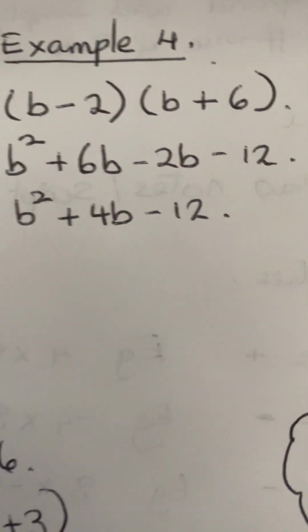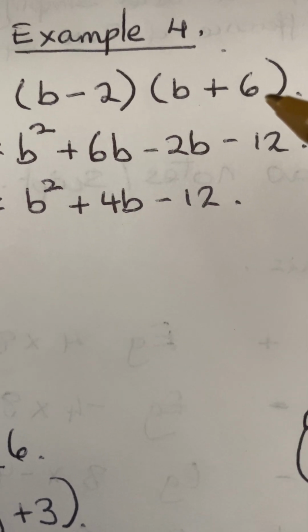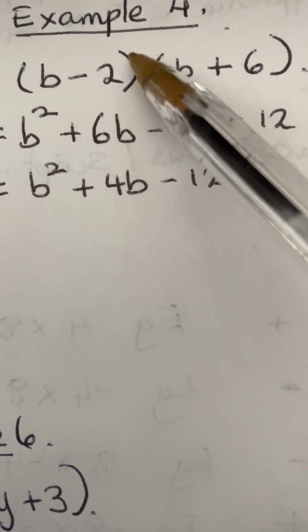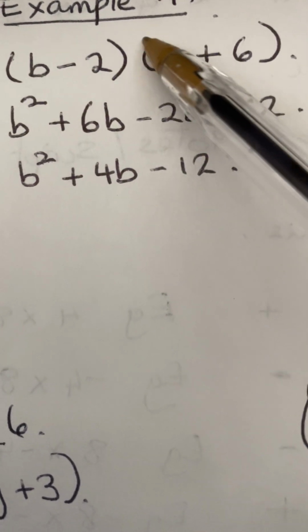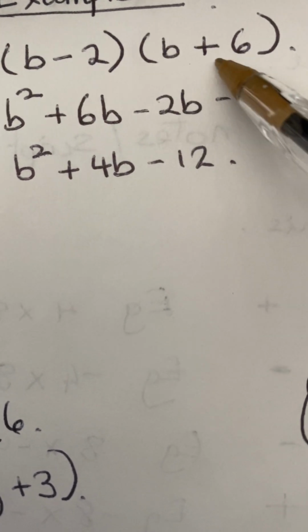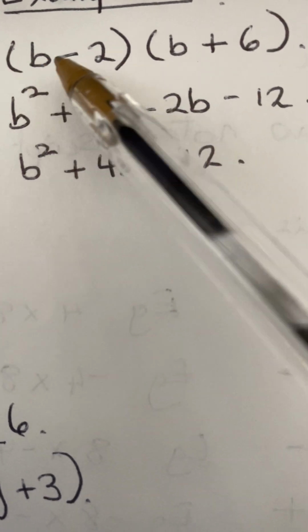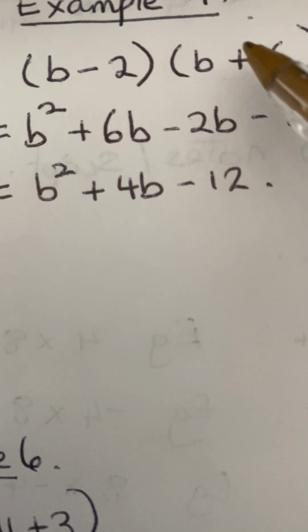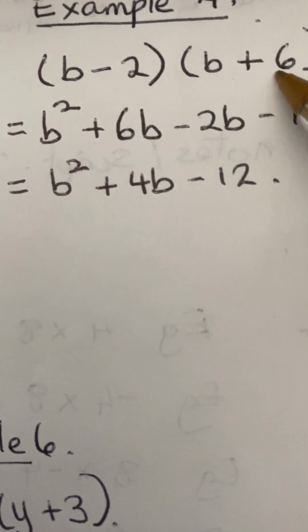Now our next example, example 4. B minus 2 in brackets, and the second bracket has B plus 6. Now we have a minus here and we have a 6, so we have to be mindful when we are multiplying.